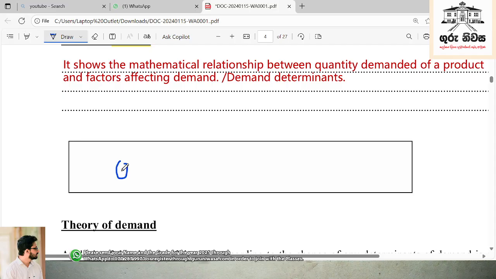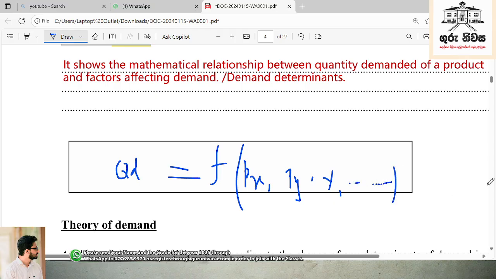QD is a function of Px, Py, Y, and so on. Function is a Greek word. This dotted line shows there might be other factors.